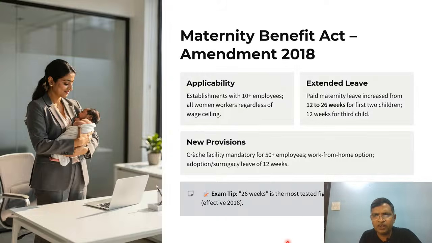Extended leave should be there. Leave increased from 12 weeks to 26 weeks. Crèche facility is mandatory for 50 plus employees, work from home option, adoption and surrogacy leave of 12 weeks. You have to remember these things. You can also take a screenshot of this.